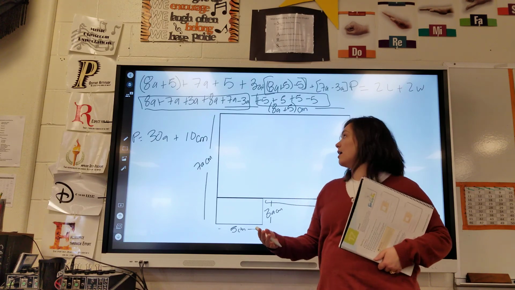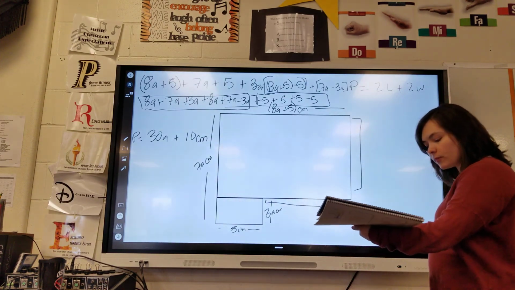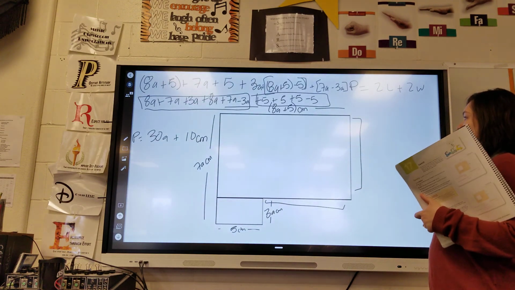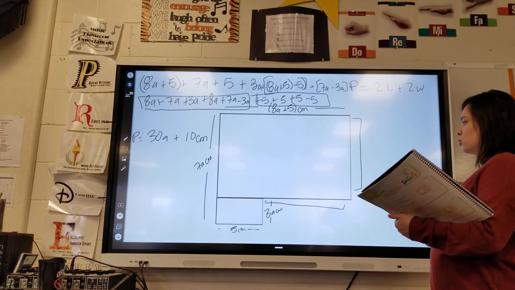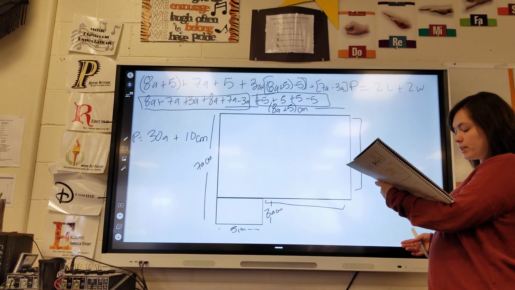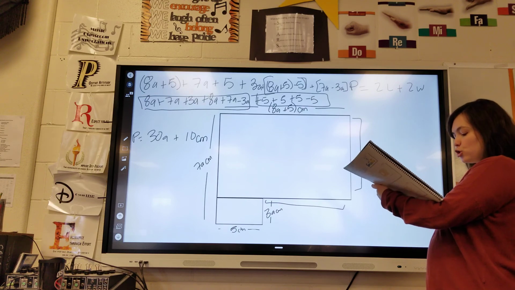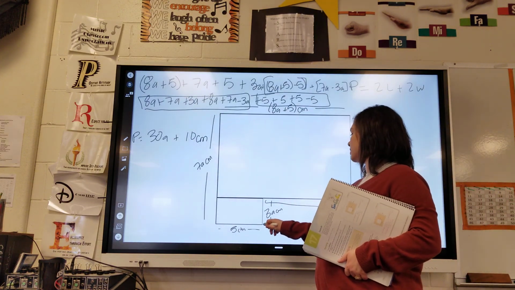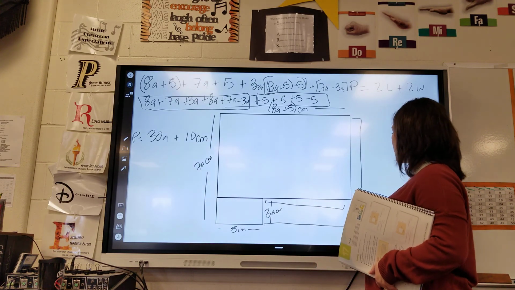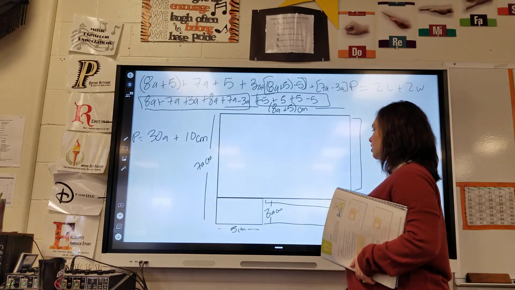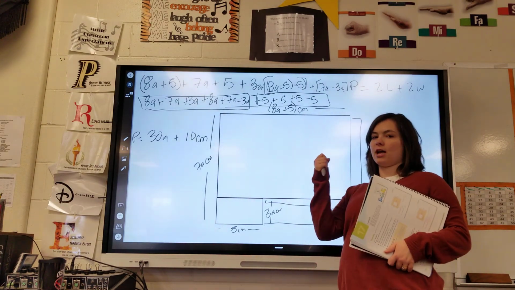What about the area? We have to do that as well. So when solving for the area, we take the length times the width, usually. And in order to do this, we're going to have to subtract at the end to get the right one. Because notice that we have this part missing. So this is like our punch out, like our other example where we punched out the square.